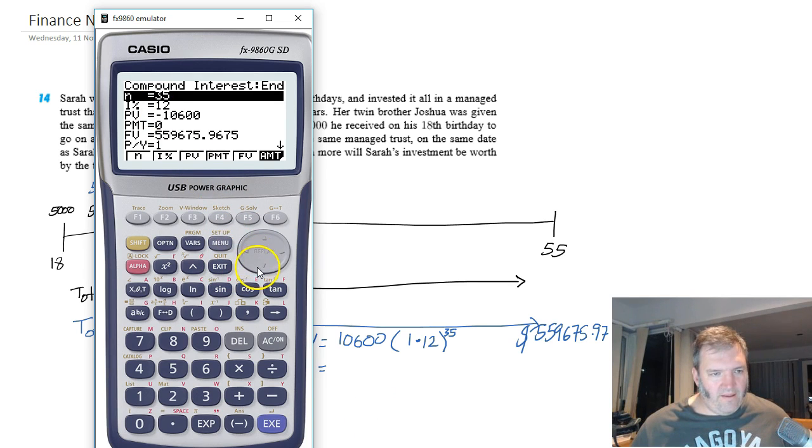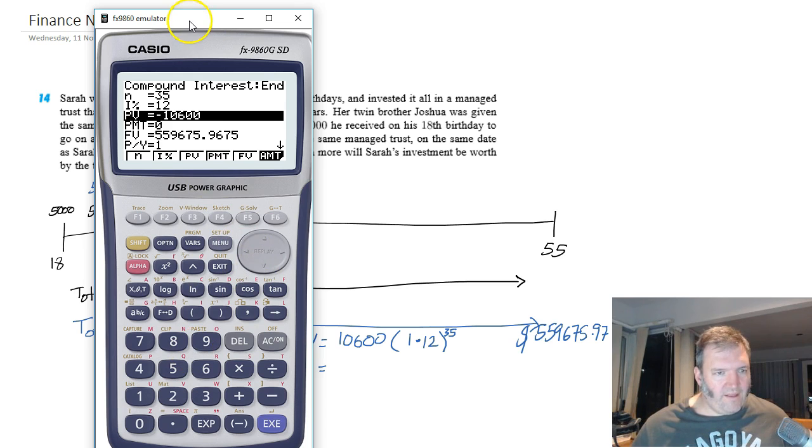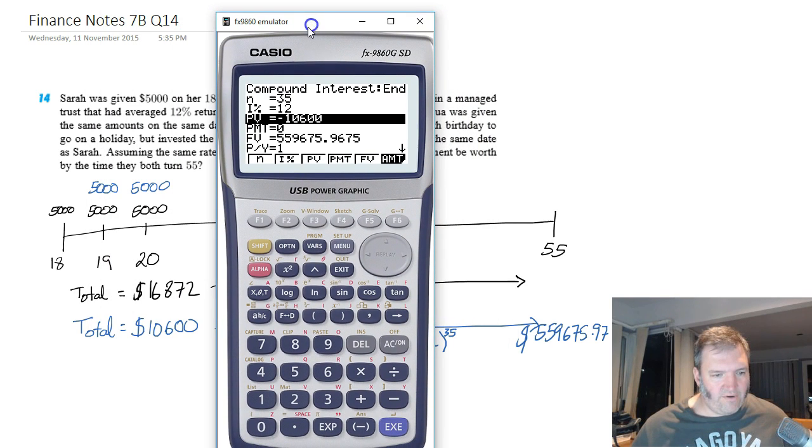What about Sarah? Now the difference here is instead of 10,600, it's 16,872. So all I've got to do is change that number, 16,872.